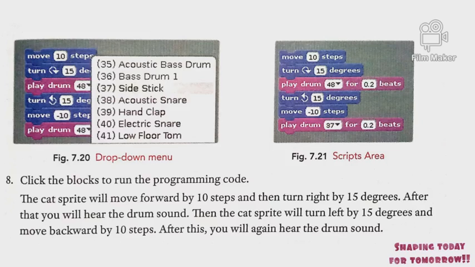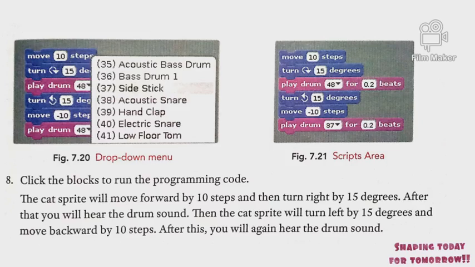I have told you earlier in the previous chapter about the drop down menu. It is the small triangle box in front of the number, so you have to click on that. This small arrow is called the drop down menu. If you click on this, it will provide you a list of different types of drums. You can select any one from this.